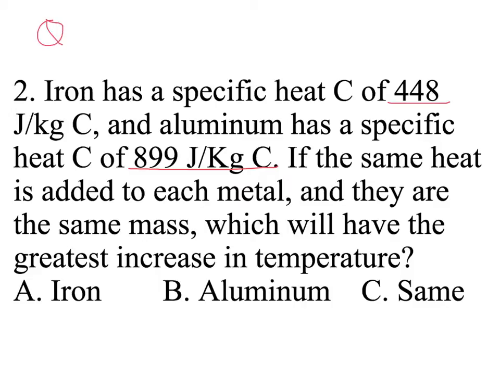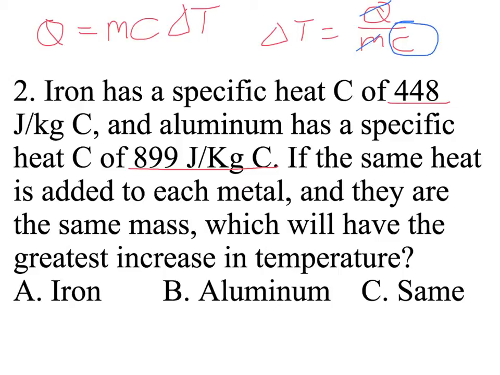We know that Q is equal to mc delta T. So we can see that delta T is equal to Q divided by mc. If Q is the same in both cases, and m is the same in both cases, then if we want a big delta T, we need a small value for c. The smallest value for c here is iron.